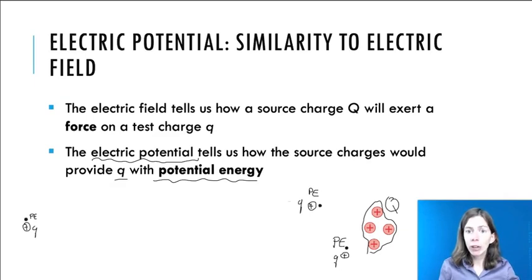So the amount of potential energy that it has depends on how much electric potential there is at that point. So we can conclude that there is a stronger electric potential closer to the source, and a weaker electric potential further away from the source.